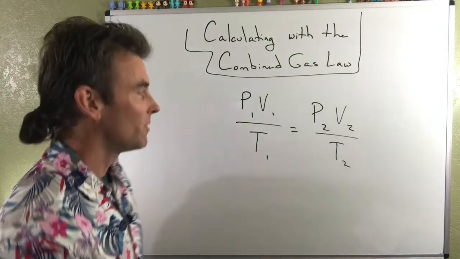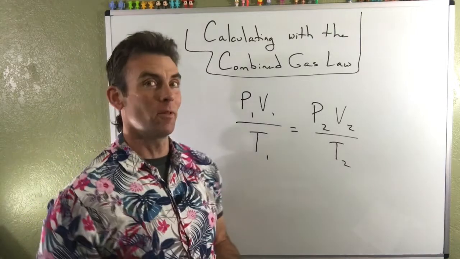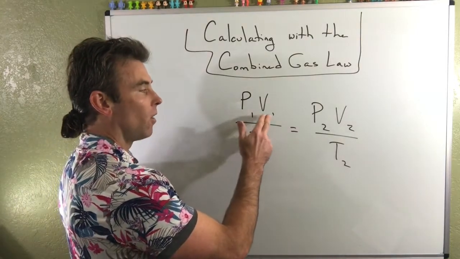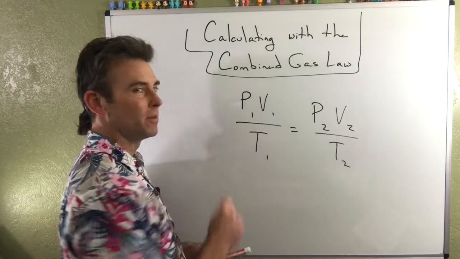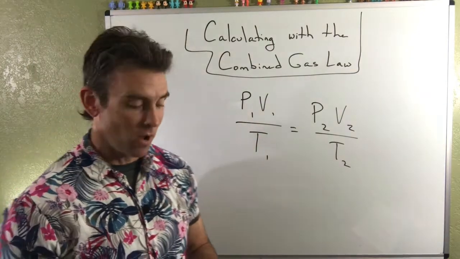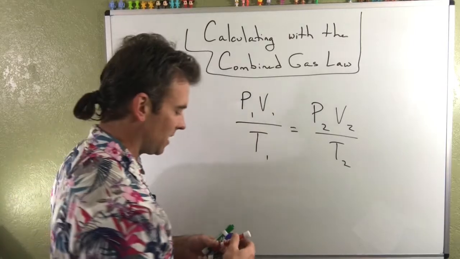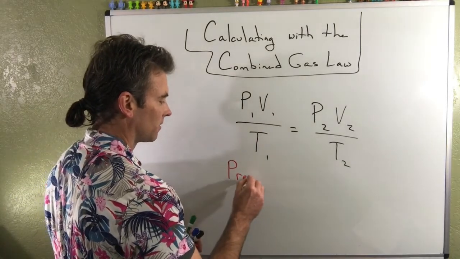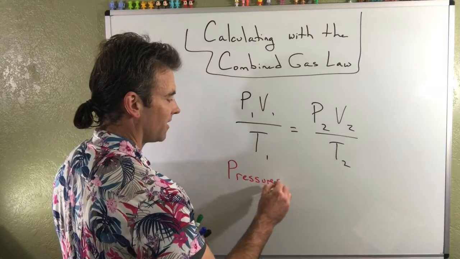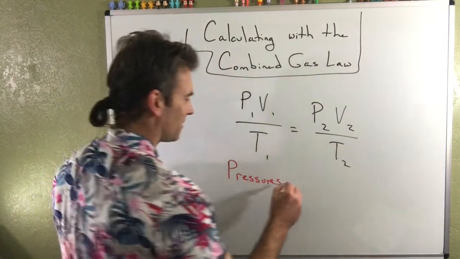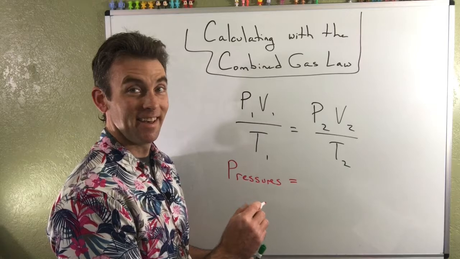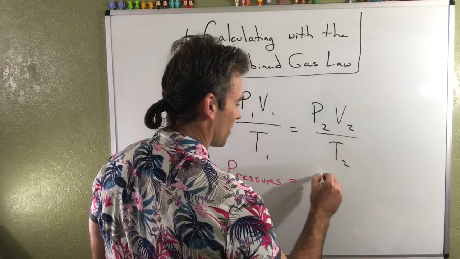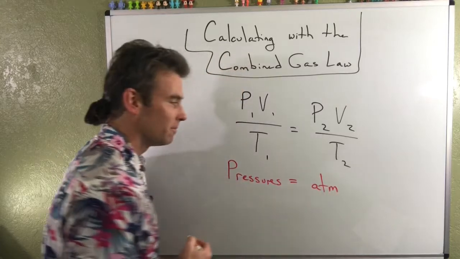The other step that we have to be very careful about is that all of these units, we are going to always convert to one particular unit. So let's list those off to begin with. We're going to do pressures, which, by the way, is P. These things are always going to be measured in atm, atmospheres.